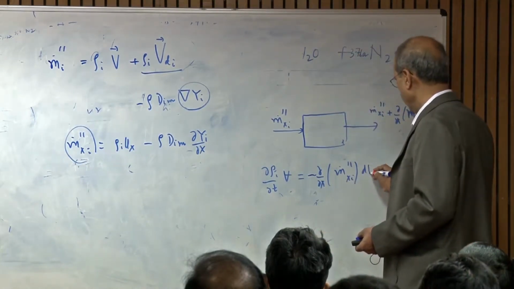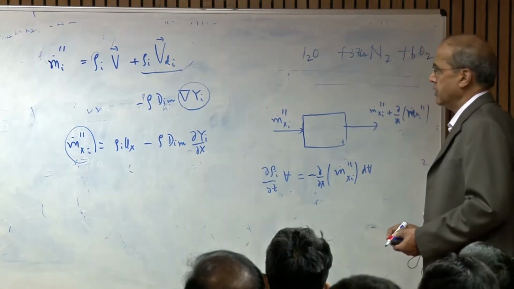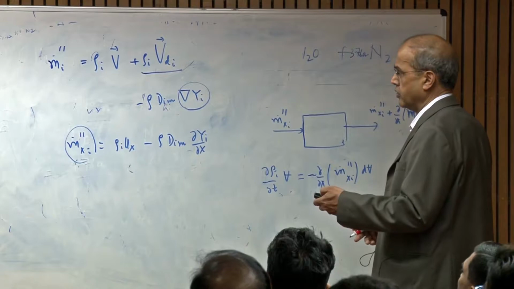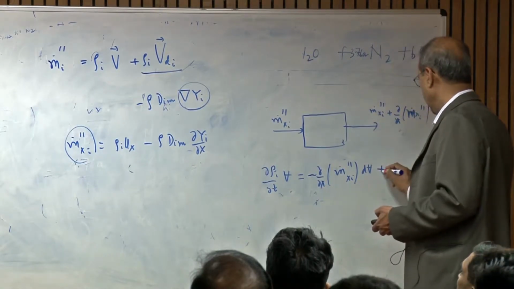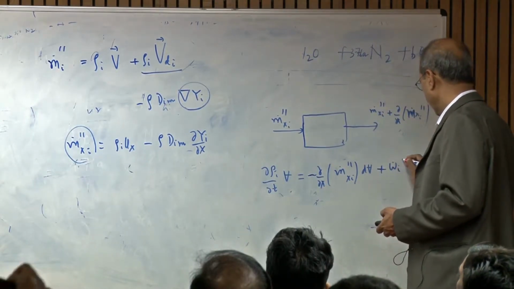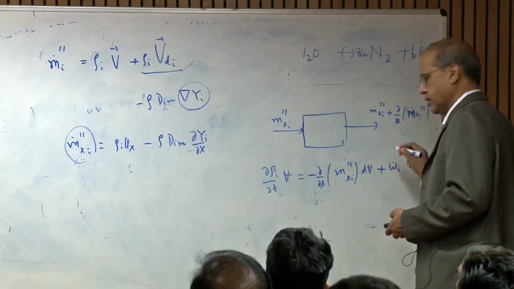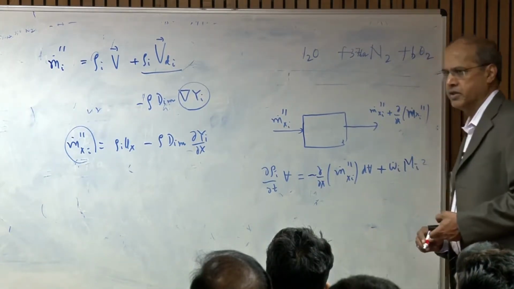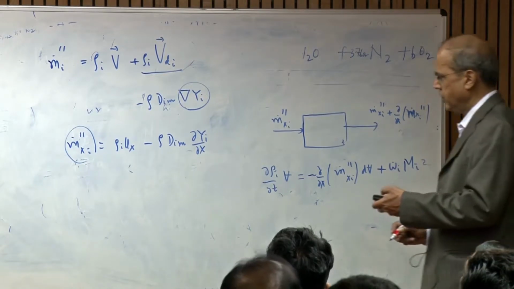And then the volume. And the last term, that's the source term due to chemical reaction. And I think the best way to write is what we are more familiar with, this Wi dot times the molecular weight of species I.